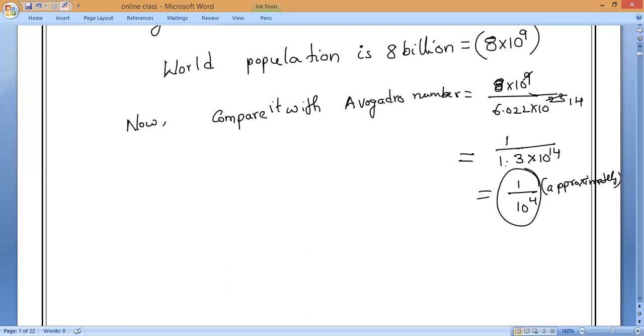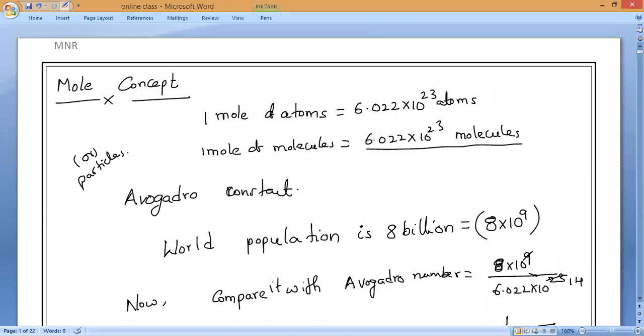That is why we say the Avogadro number is a very big value, which is always 6.022 into 10 power 23, whether atoms or molecules or particles.